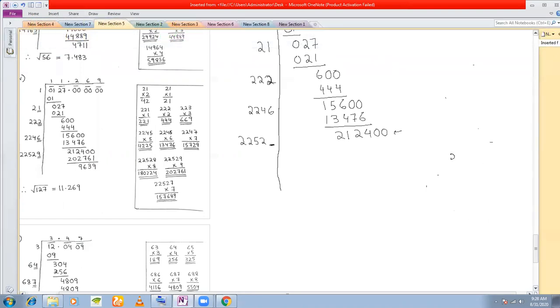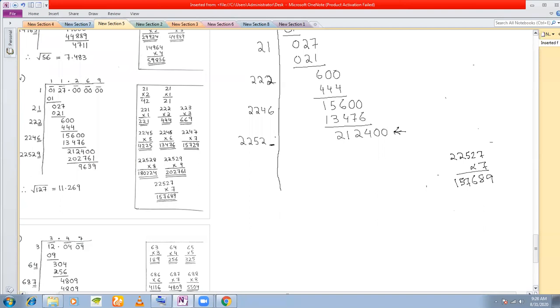So you have 22527 into 7. You're getting 157,689, which is quite less than 212400. We try the next digit.